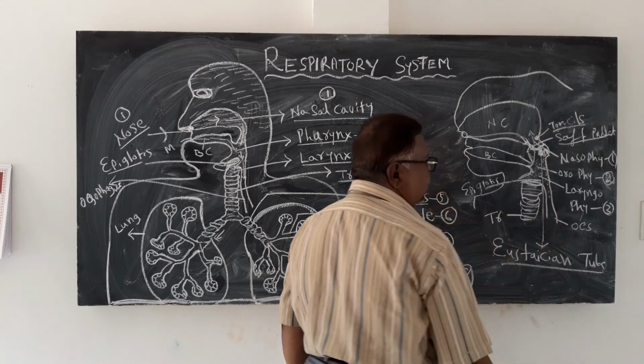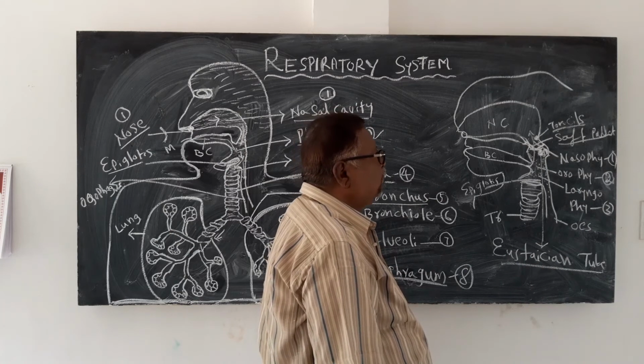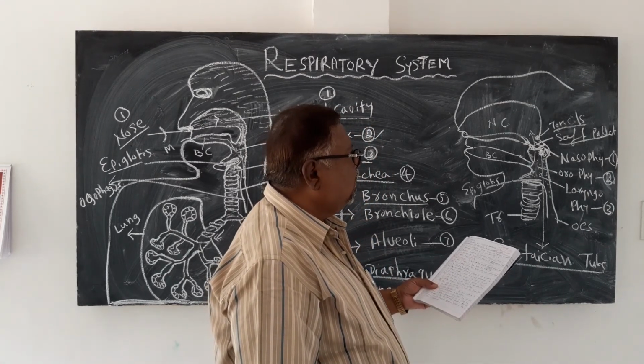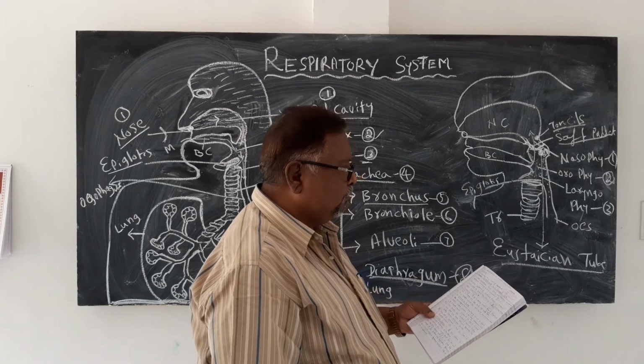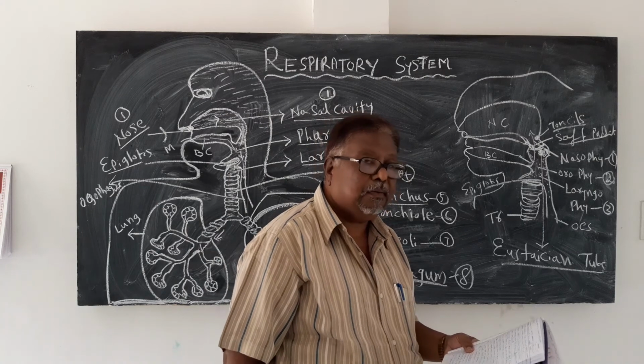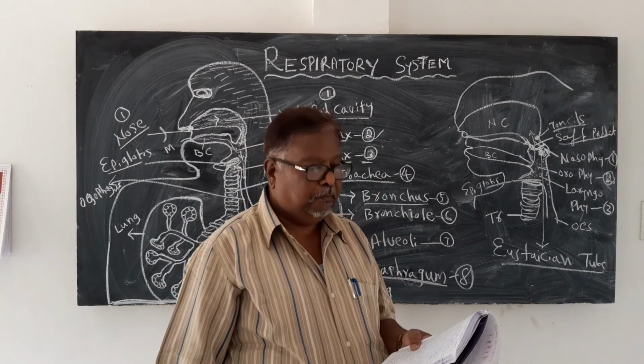So two types of tonsils you can see in the nasopharynx: the nasopharyngeal tonsils and the tubal tonsils. These are very important tonsils which help in preventing the entrance of pathogens.